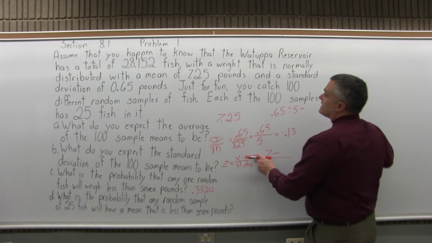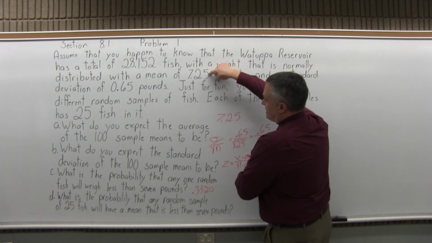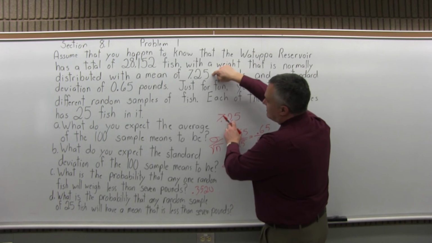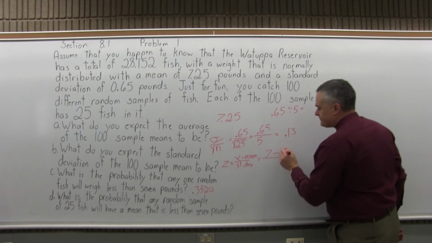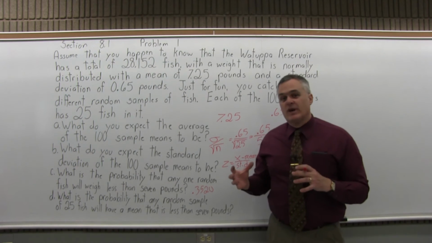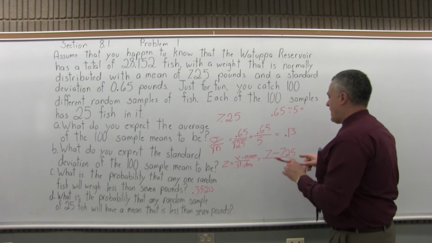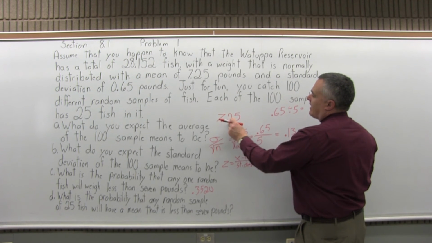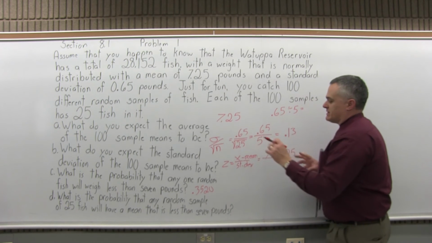So now technically it's not the mean of the population, but the mean of the sample means, which does happen to be the same. But we want the probability that an entire sample would have a mean less than 7 pounds. So I want to be clear, even though it's the same number, that it's the mean of the average of the samples.